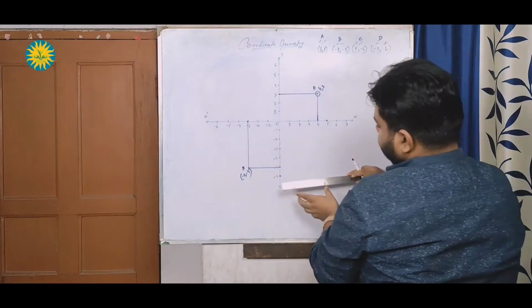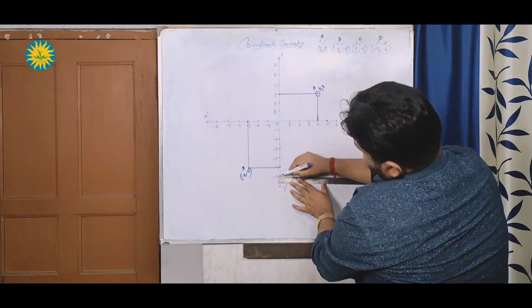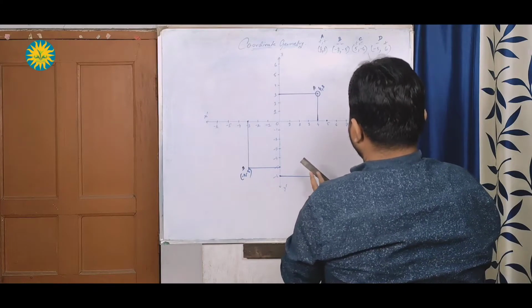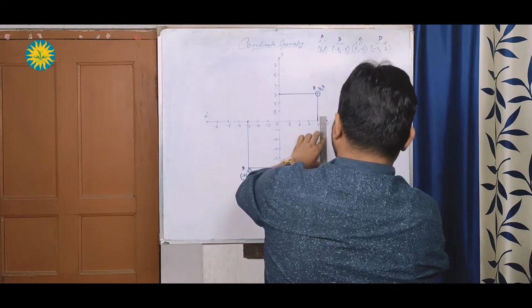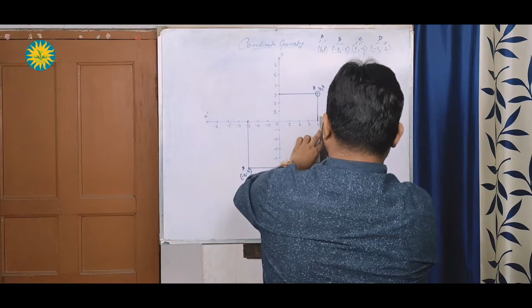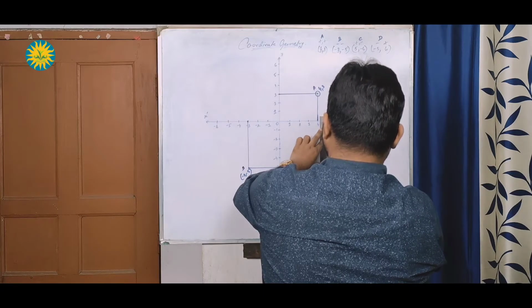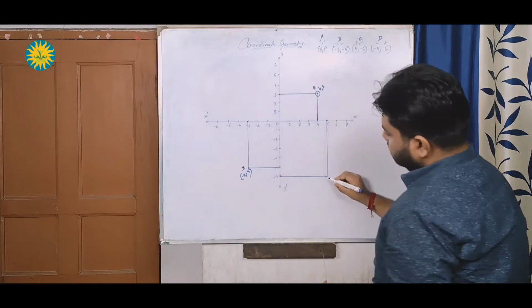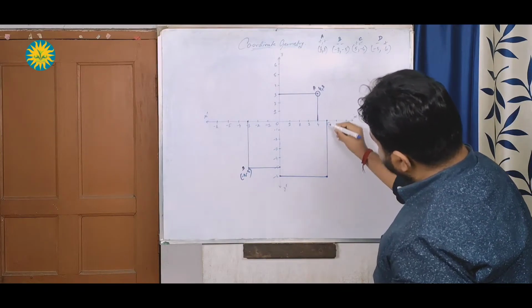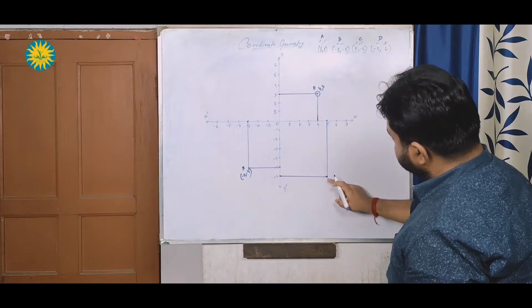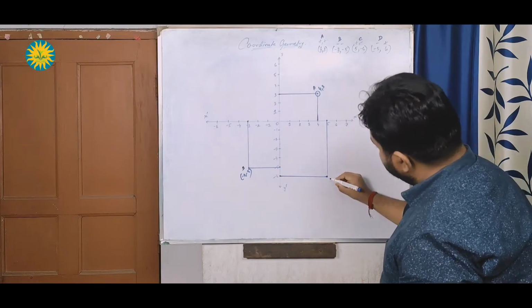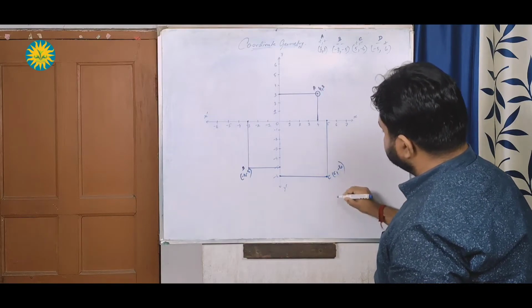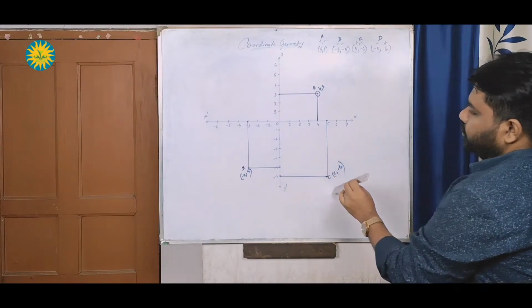Now just again join the 2 points, and the point where the x axis and y axis intersect each other is point C, 5 comma -6. So this is the exact location of point C.